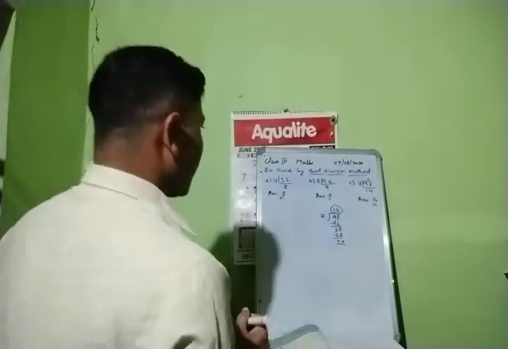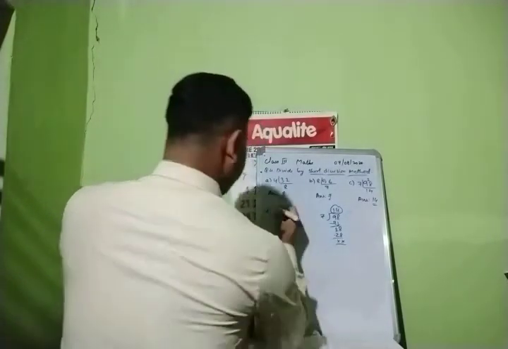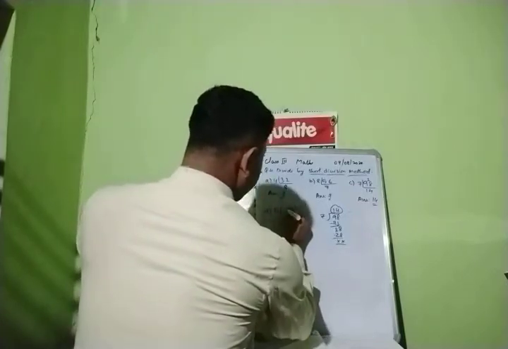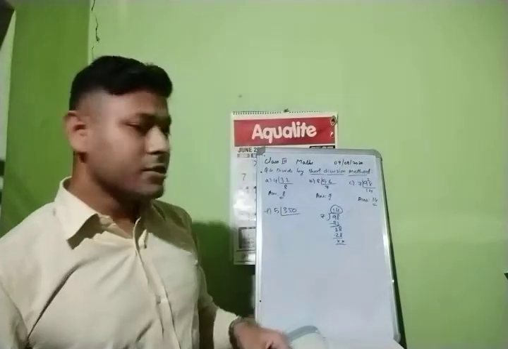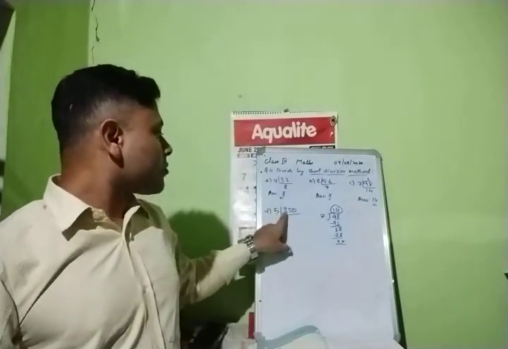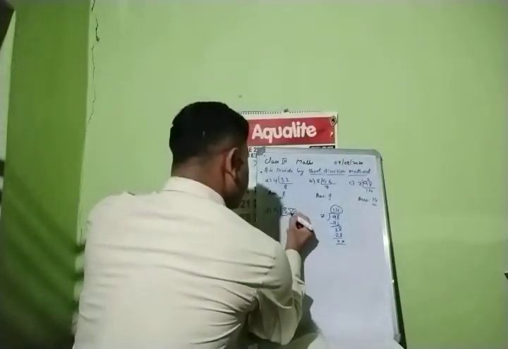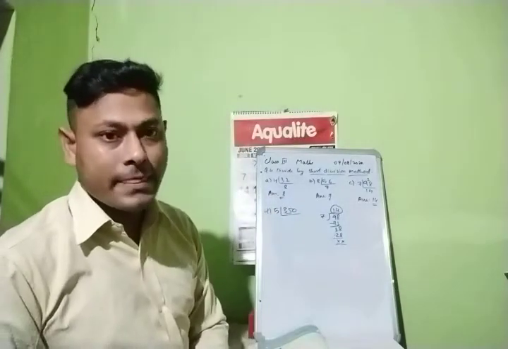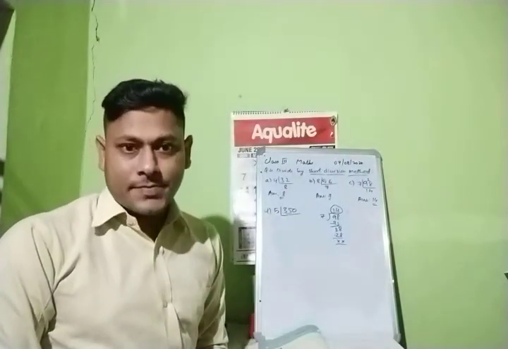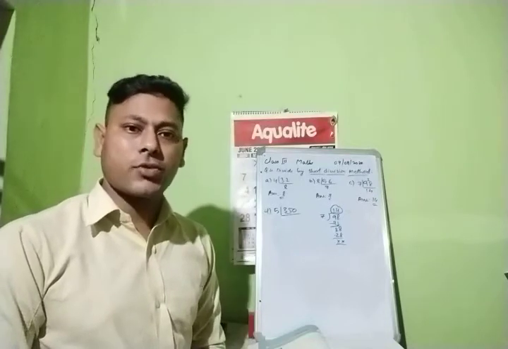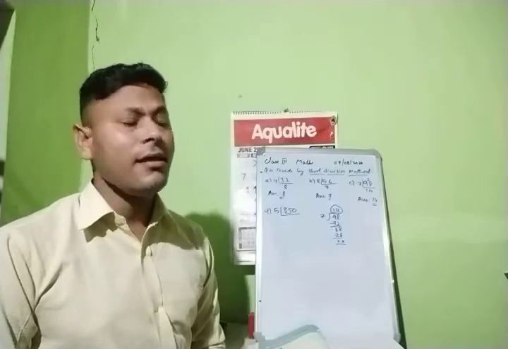Very good. Now question number D, the last question. Question number D is 5 and 3 5 0. Okay, 3 5 0. Now 5 and 3, we cannot take one number, we have to take two numbers. So if we take 2, it will become how much? 35. Yes. Now 5 ones are 5, 5 twos are 10, 5 threes are 15, 5 fours are 20, 5 fives are 25, 5 sixes are 30, 5 sevens are 35.